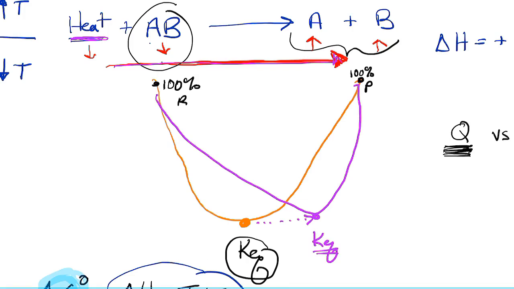Now, party people, if I was at this position, it means what? Q equals K at this position. And all of a sudden, I changed the value of K EQ. Now I have a Q that's not equal to K, and it's less than K. And what we learn, we always move toward what?